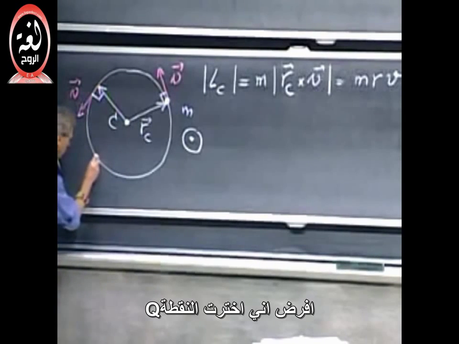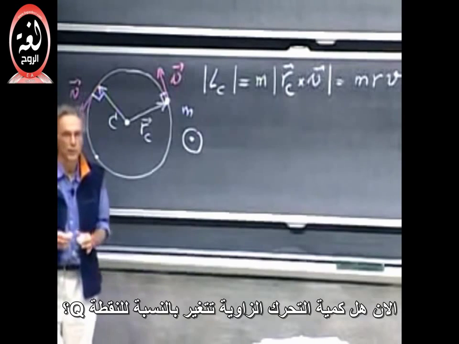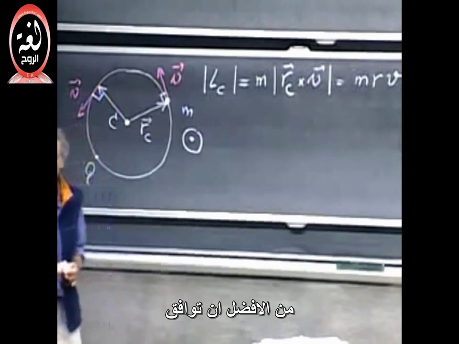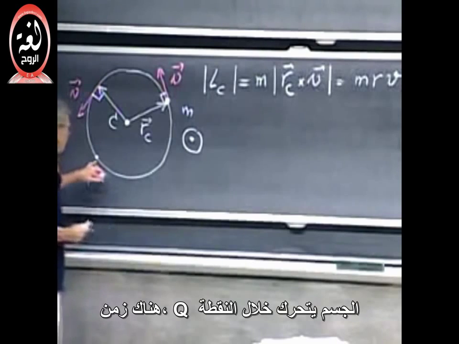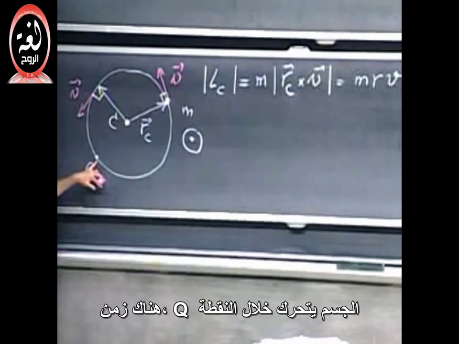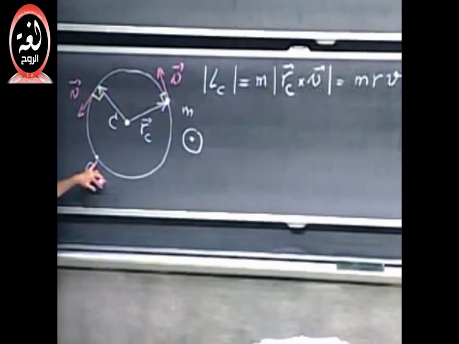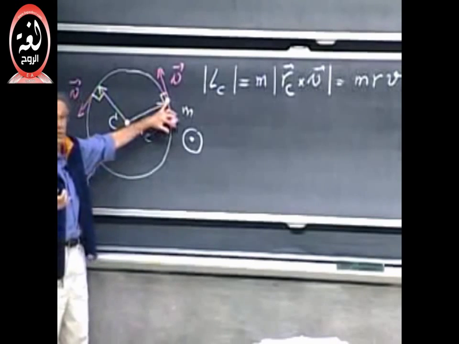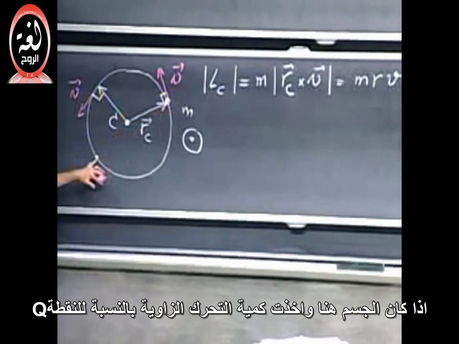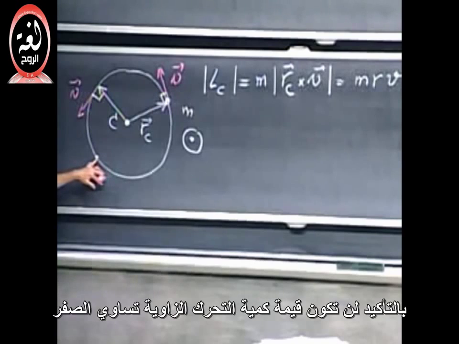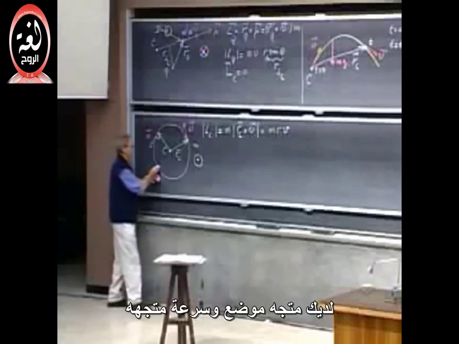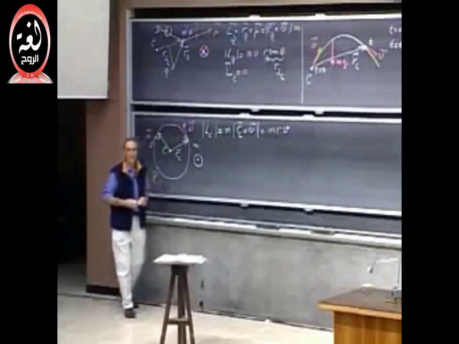Suppose I had chosen point Q. Is angular momentum changing relative to point Q? You better believe it. There is a time that the object will go through point Q. Well, then the angular momentum is clearly 0 because the position vector is 0. If the object is here and you take the angular momentum relative to point Q, for sure the angular momentum is not 0. You have a position vector and you have a velocity.